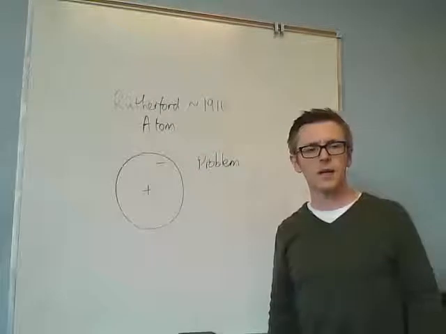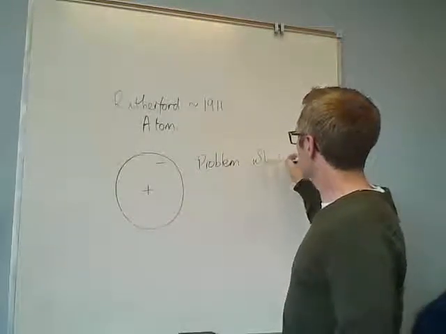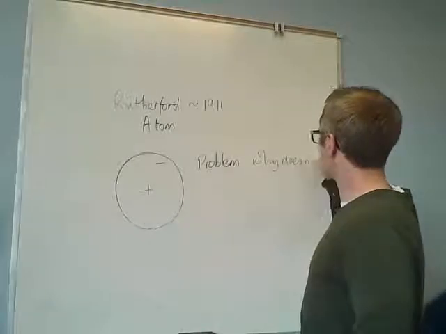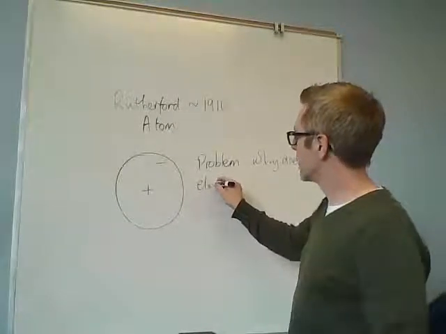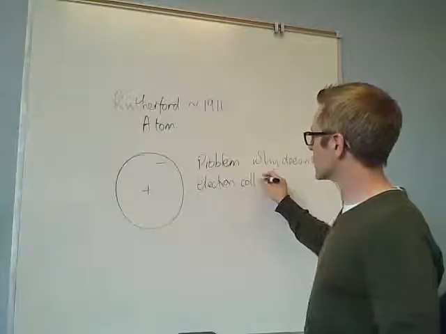So in the early 1900s, there was a problem. Why doesn't the electron collide with the nucleus?